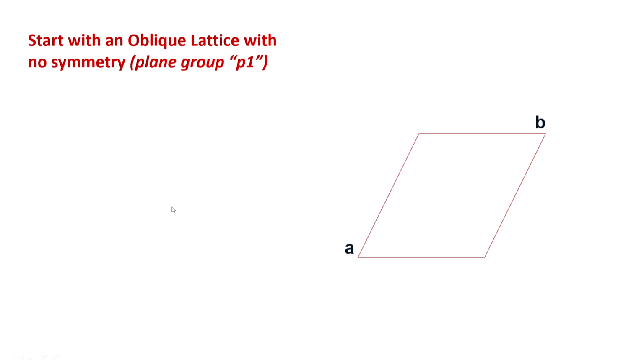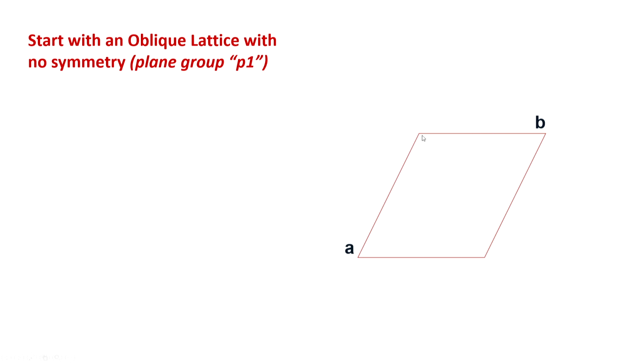Let us start with an oblique lattice, and if you recall, the oblique lattice essentially has no constraints on the unit cell parameters A and B or the angle between the 2 vectors A and B, and that is what we call the plane group P1.